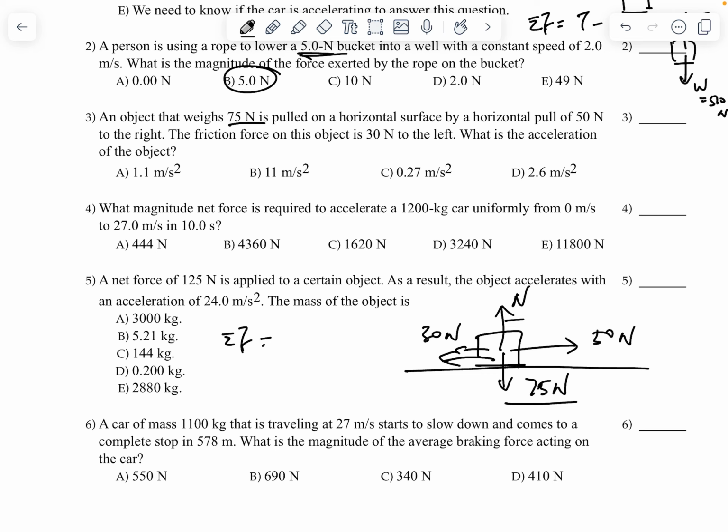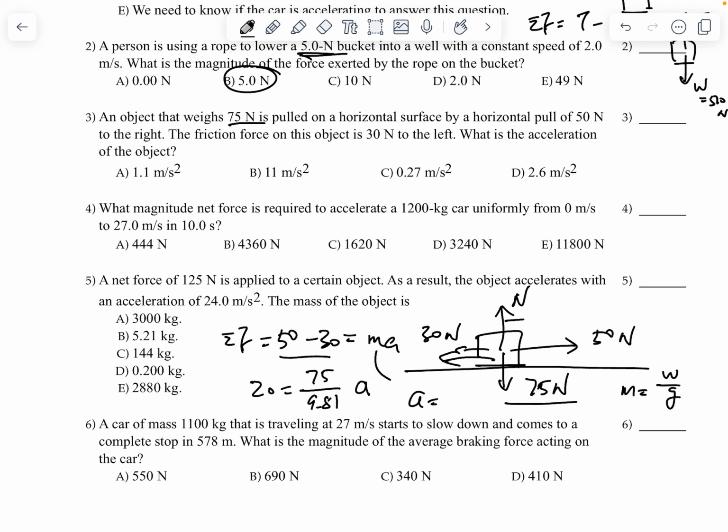So the net force in the horizontal direction equals 50 Newton minus 30 Newton, which equals ma. And what is the mass? Mass equals weight over g. So 50 minus 30 is 20, and weight is 75, g is 9.81.